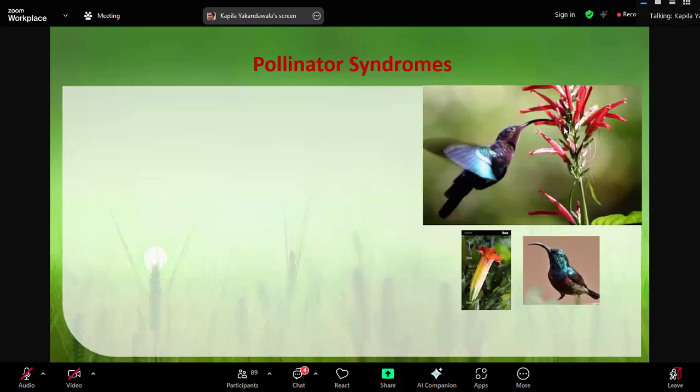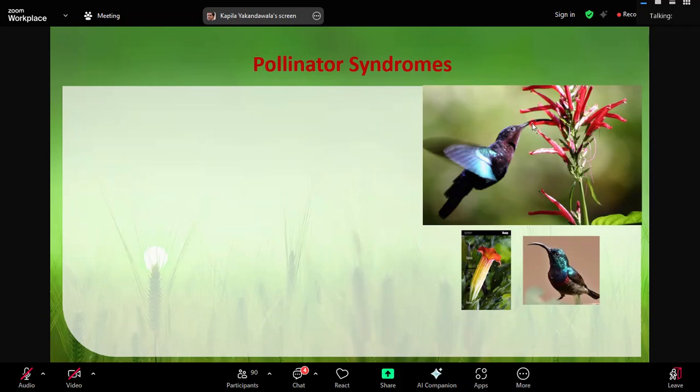A sunbird with a long beak visits tubular shaped flowers and gets nectar. The shape of the flower is tubular. This shape evolved parallelly with the sunbird's beak. So the flower shape and the beak of this bird both evolved parallelly.